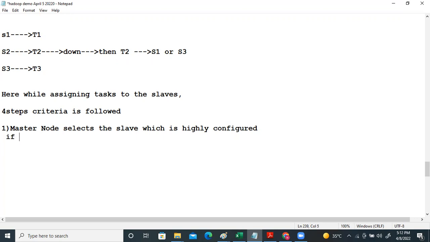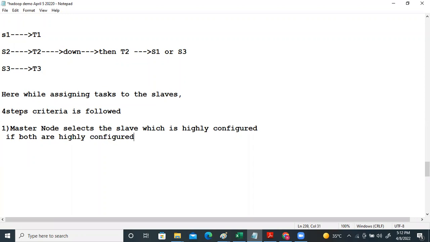Assume both are highly configured, with the same configuration.